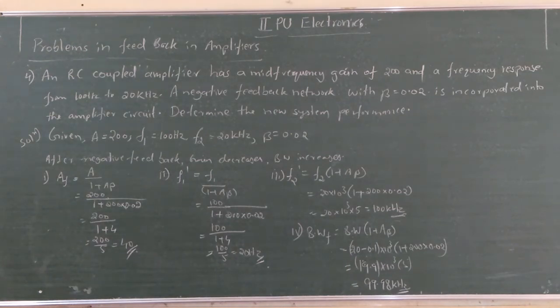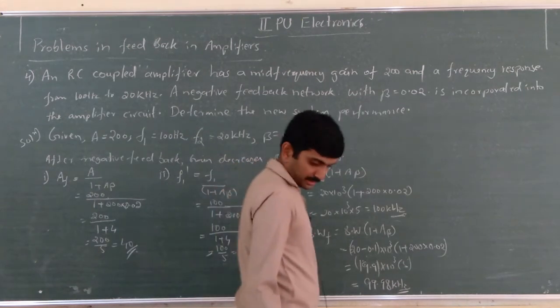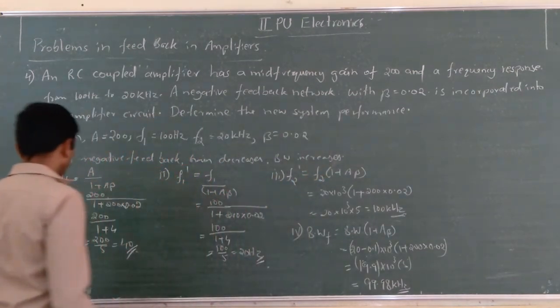Okay. Next, you can prove gain bandwidth product is constant, but after calculation it is known that it is not up to the mark of gain bandwidth product constant. Is it possible? Let us see.